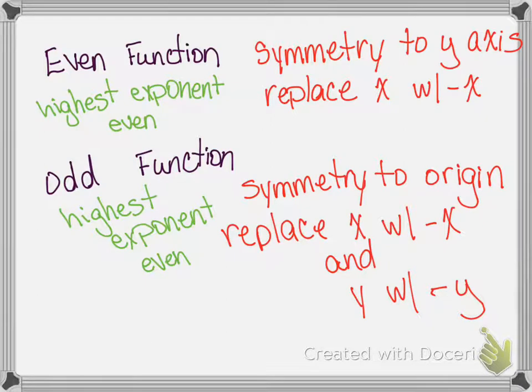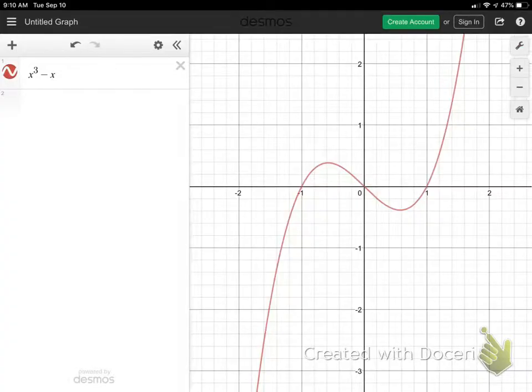So I want us to look at this function right here. Okay? This function is f of x equals x to the third minus x.